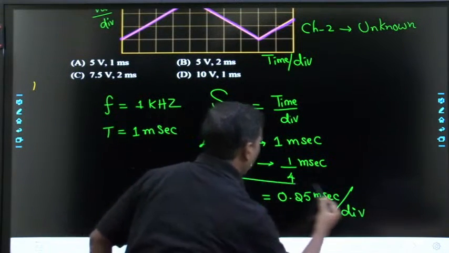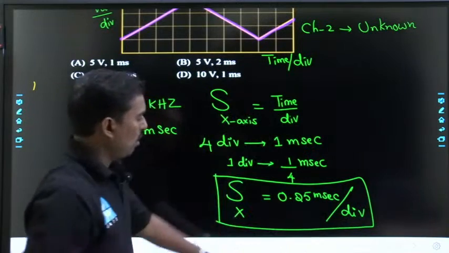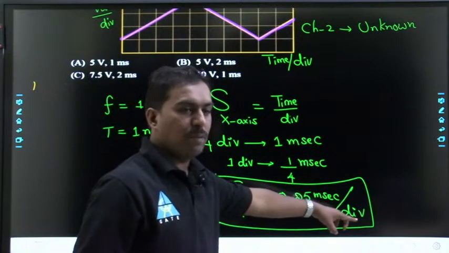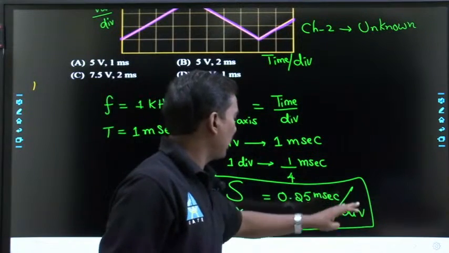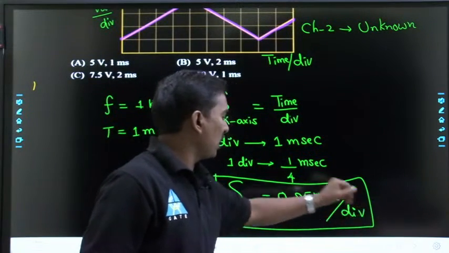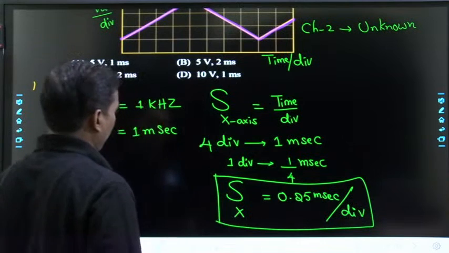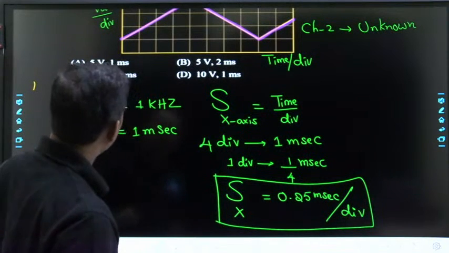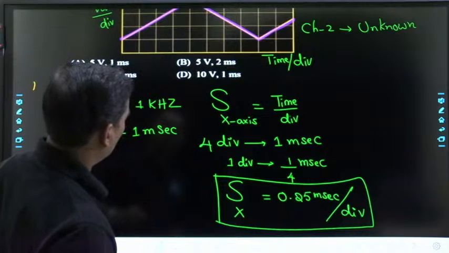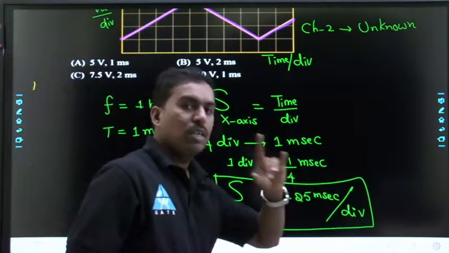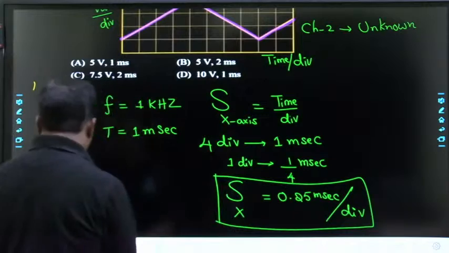Am I right? 1 division 0.25 milliseconds, 2 divisions 0.5 milliseconds, 4 divisions will become 1 millisecond. So this is sensitivity along the x-axis.